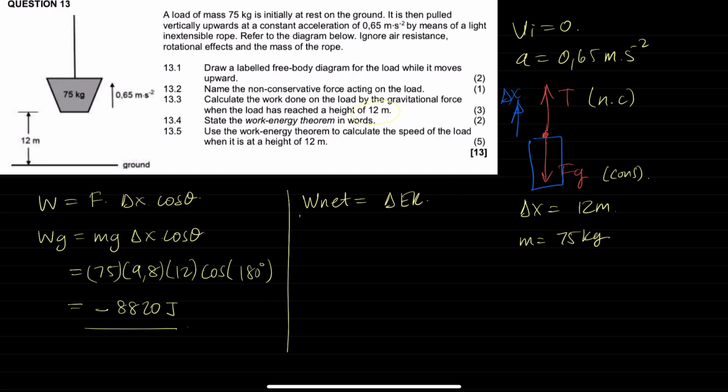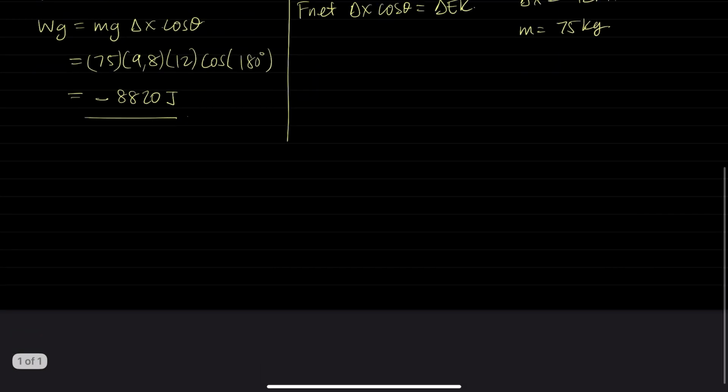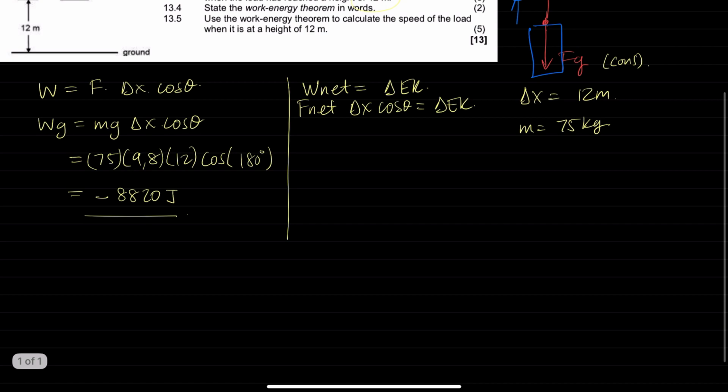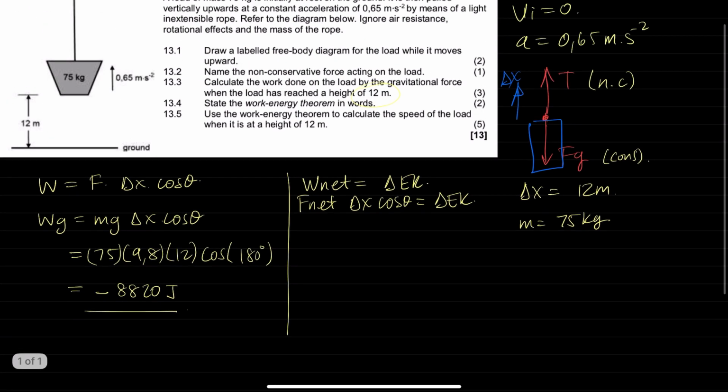Now I want to use F net times delta x times cos theta as my delta Ek. So W net is F net delta x cos theta. Now we don't know the tension, so we can't calculate the work done by tension and then subtract.